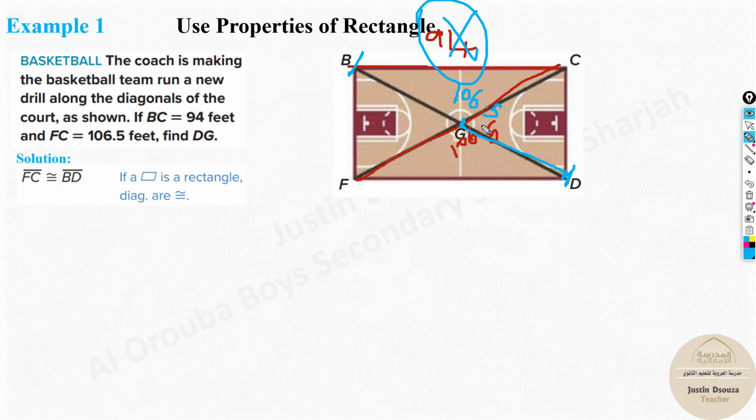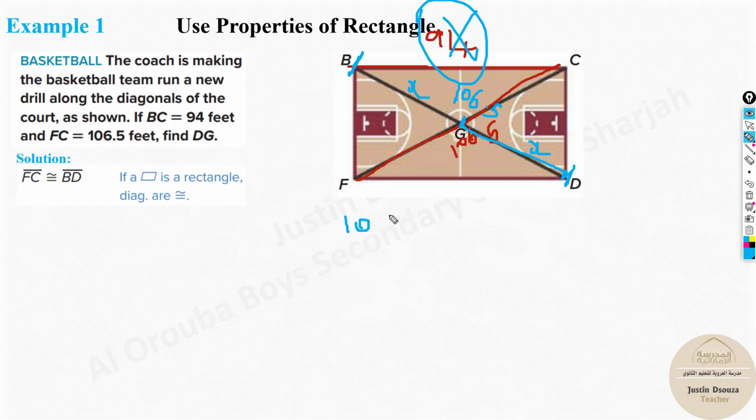Then what next? You don't want the entire thing. See, diagonals bisect in a parallelogram. A rectangle is also a parallelogram. Here the diagonals do bisect. So what happens is, if this is x, this is also x. Now we know the total distance. So all you need to find is this half, right?